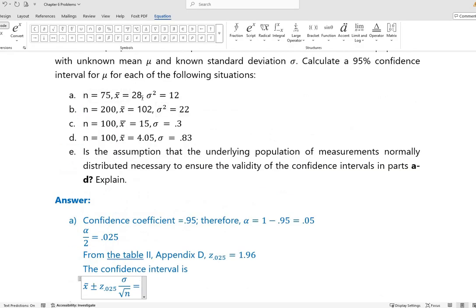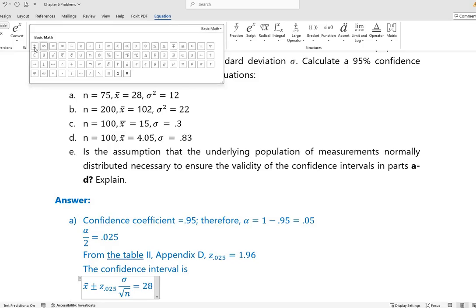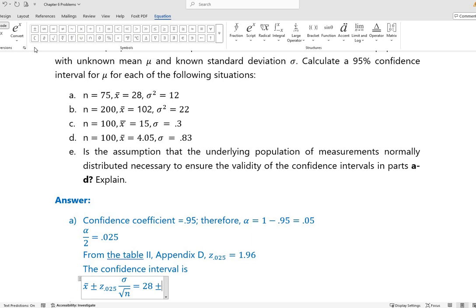So x bar is 28, plus or minus z 0.025, which is equal to 1.96. We have been given the variance, which is 12.